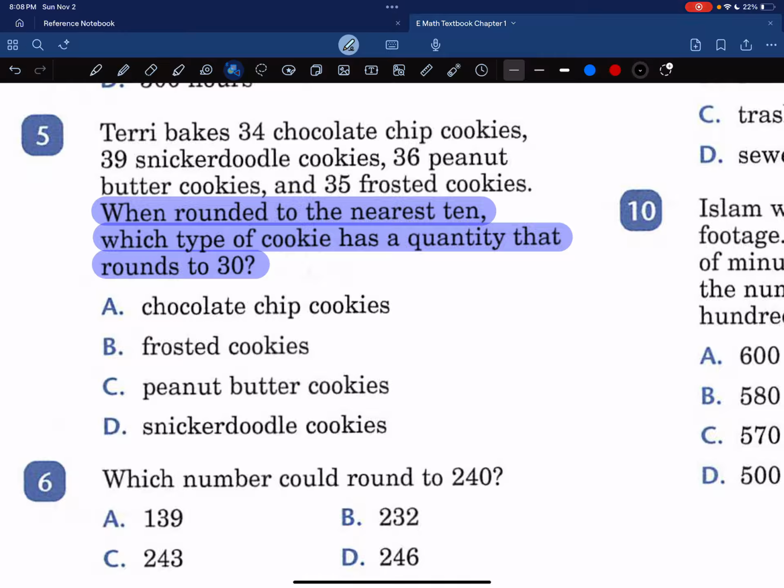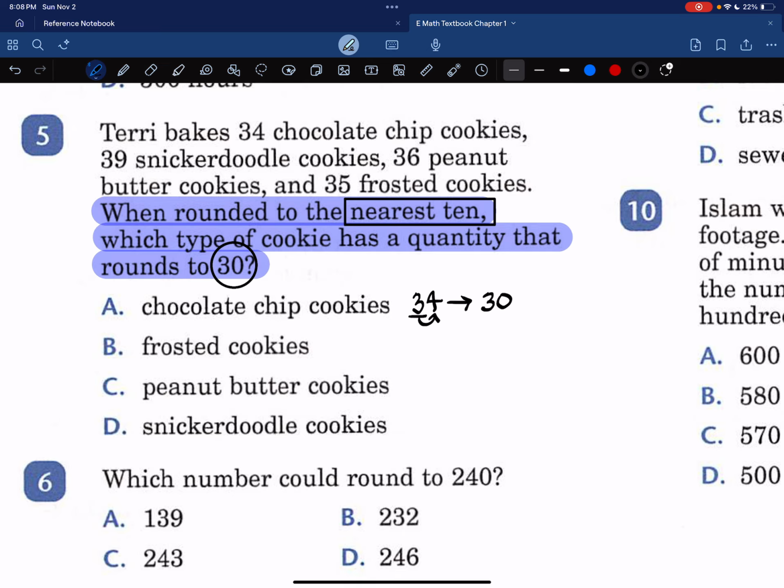So we're supposed to take these numbers to the nearest 10, and we're looking for the one that is 30. So chocolate chip was 34, and if you round that to the nearest 10, neighbor says don't change, so you would get 30.